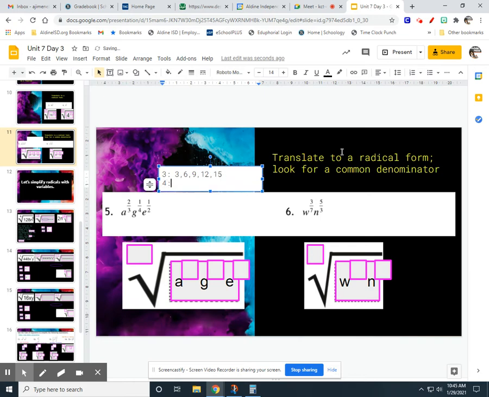And then I know 4 is 4, 8, 12, 20, 24. I know that 2 is 2, 4, 6, 8, 10, 12. I look for the number they have in common, the smallest number they have in common. All 3 of them have to have this in common.